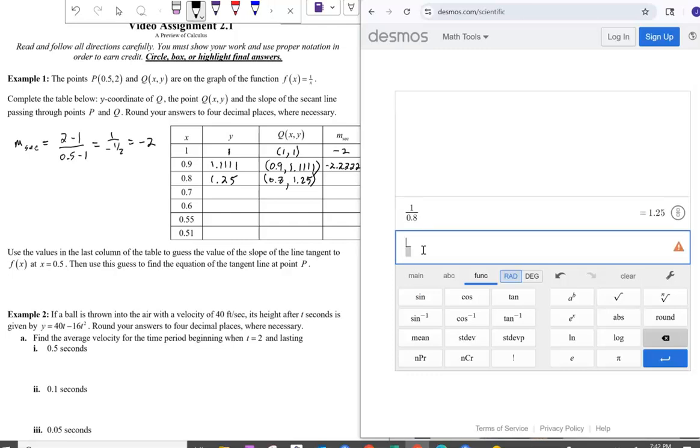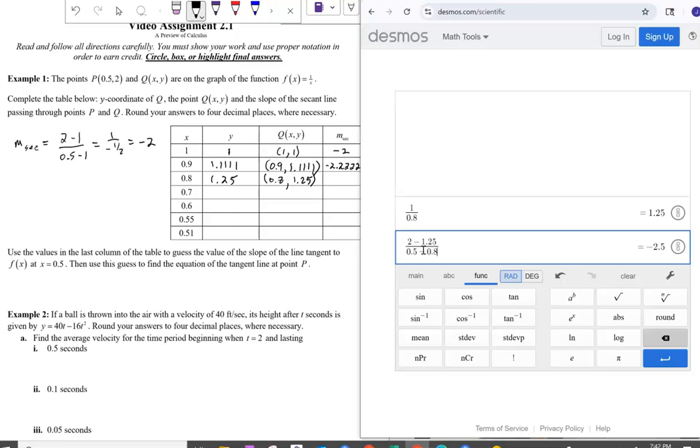So we're going to take the y value at P and subtract off the y value we just found, 1.25. And we're going to divide that by the x value at P, which is 0.5, minus the x value that we're using for this particular Q point, which is 0.8.